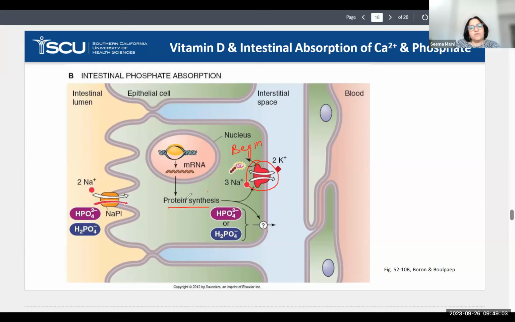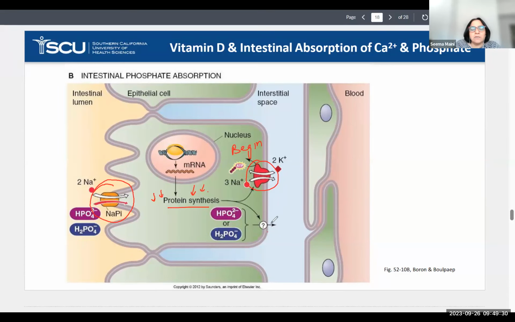Now, under the influence of vitamin D, new sodium potassium pumps are incorporated in the basal membrane. Okay, what is happening as a result? There is low sodium ion concentration inside the cell, which is the driver for the sodium phosphate co-transporter. Okay, and this causes reabsorption of phosphates in the form of hydrogen phosphate and dihydrogen phosphate.